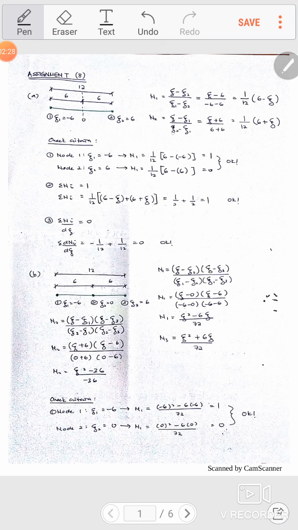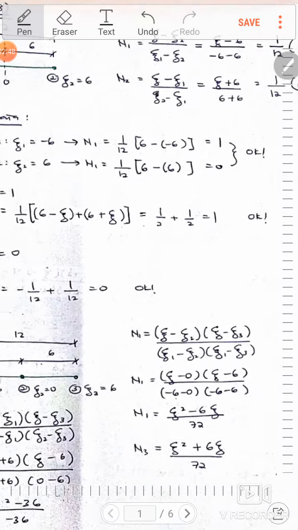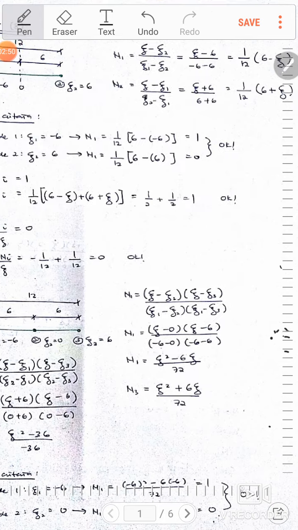This is actually the rule of the Lagrange method. It looks like a series. N1 equals xi minus xi 2 over xi 1 minus xi 2.